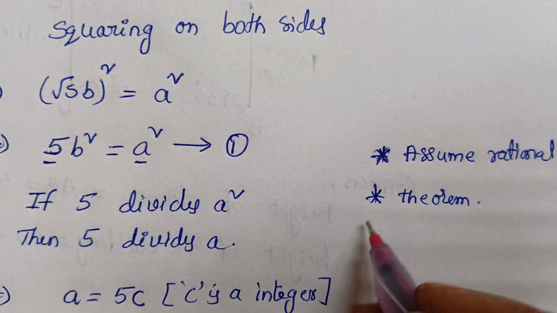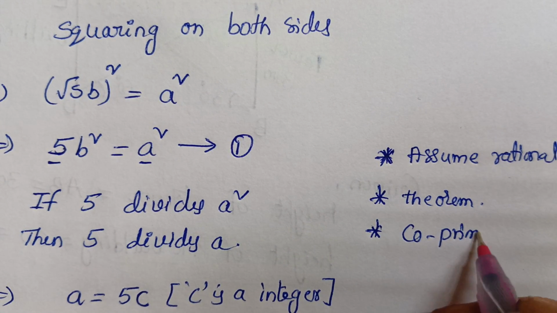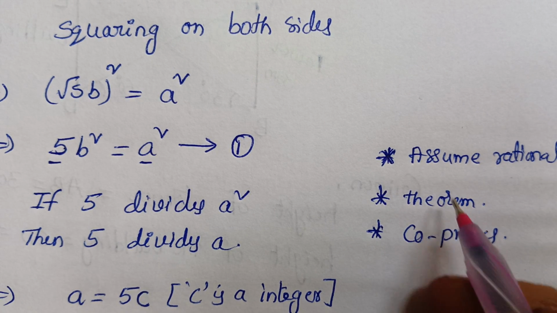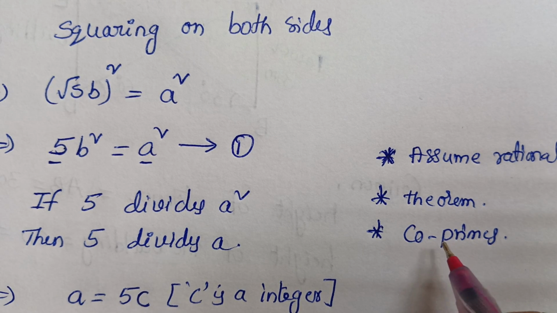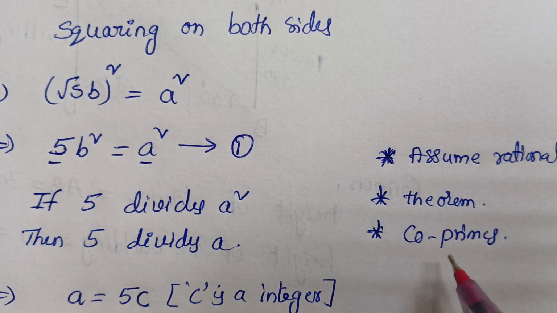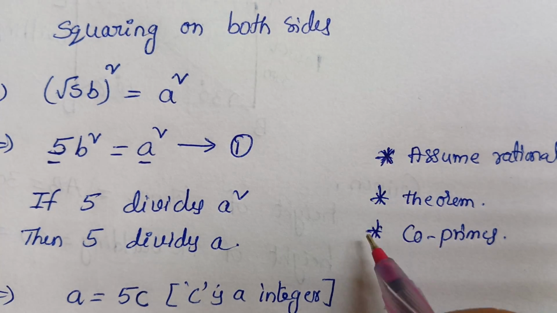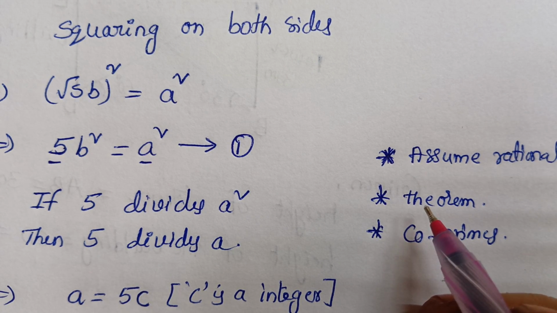From the co-primes point, if the integers have a common factor other than 1, our contradiction is proved, so our assumption was wrong. Then we conclude that the given number is irrational. These are the three steps to follow to prove such a number irrational.